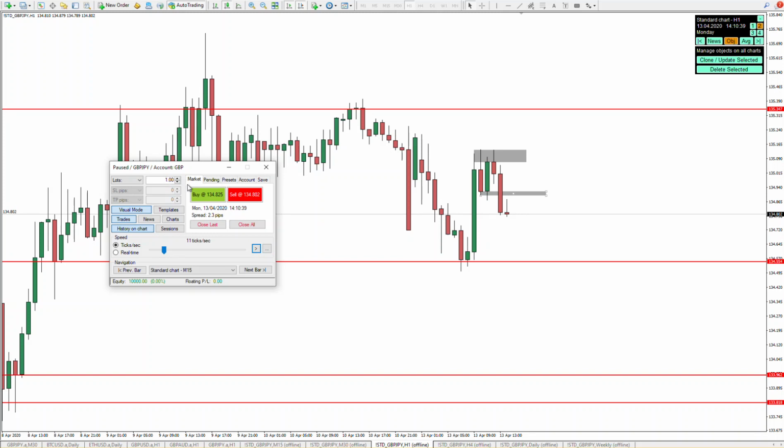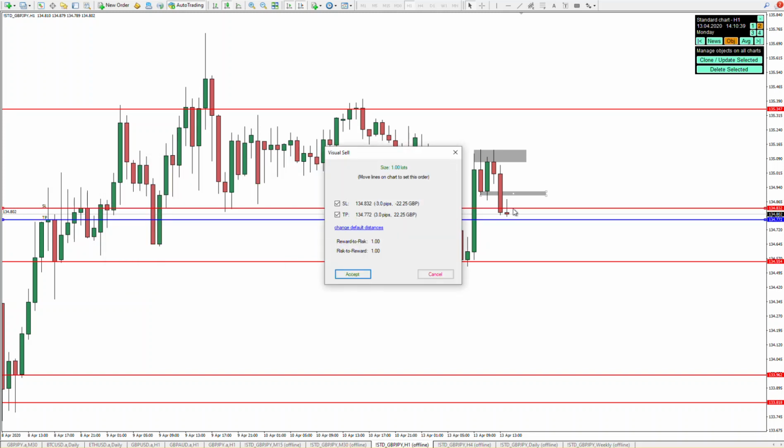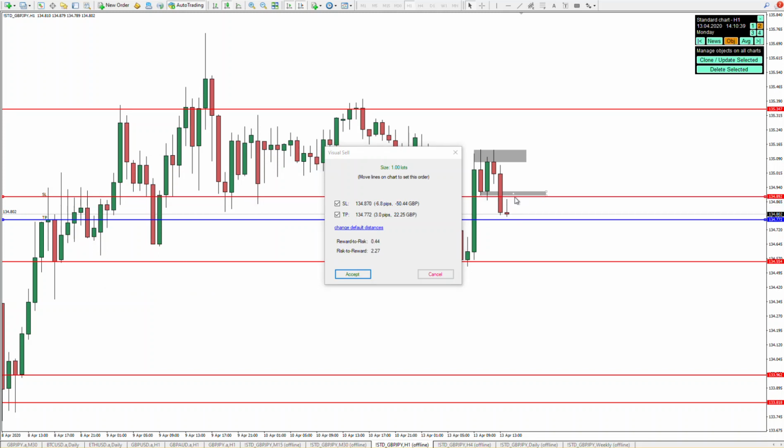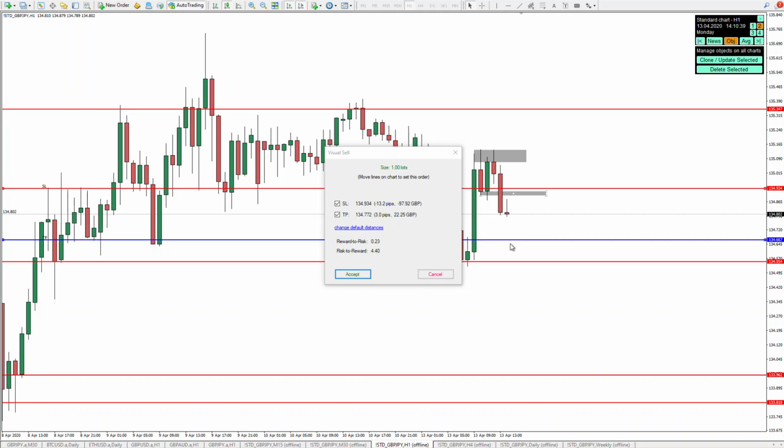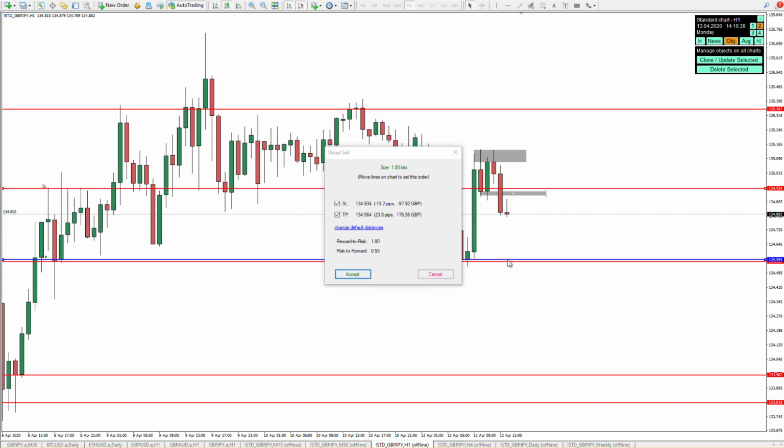I only want a 1% risk trade. I'm quite okay, it should not come into the range. Let's put a stop there. TP like here, 3 pips above, like 60.